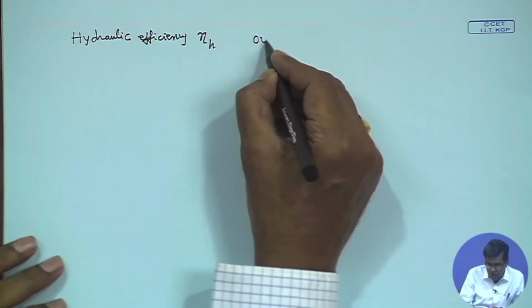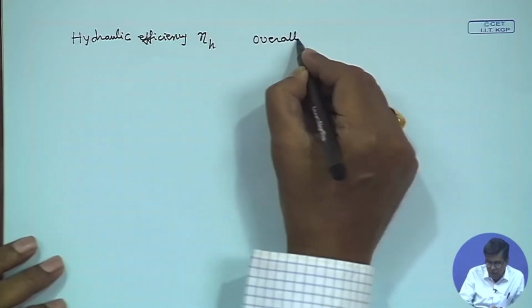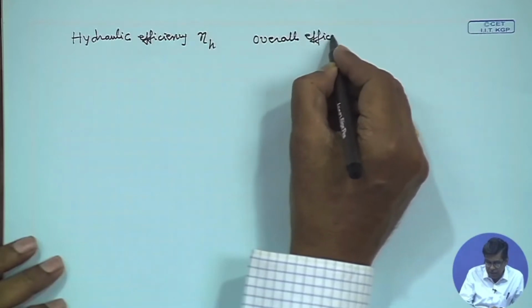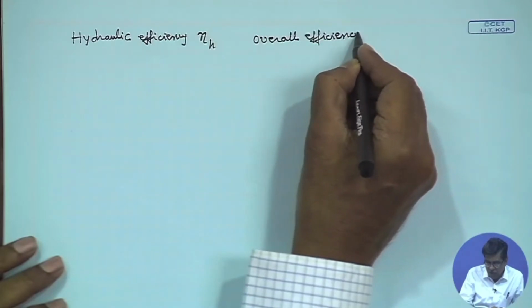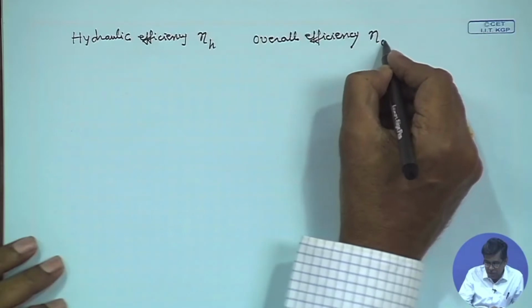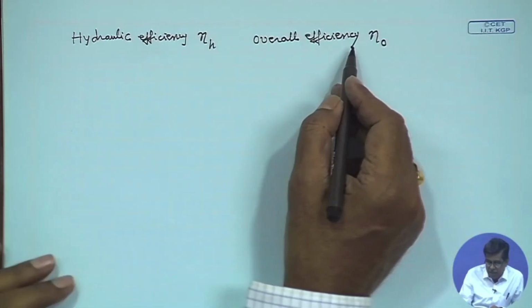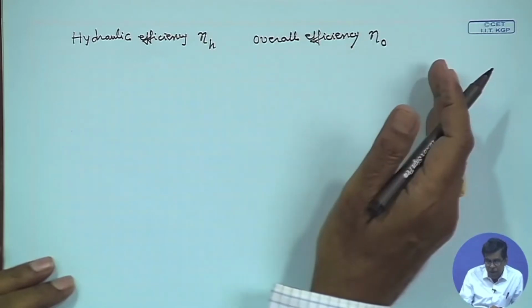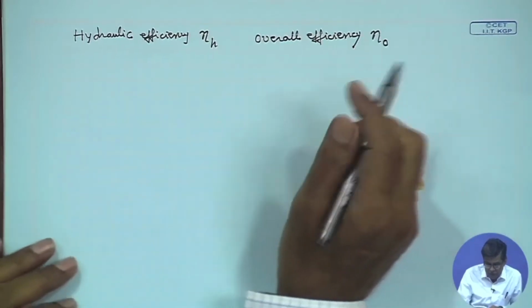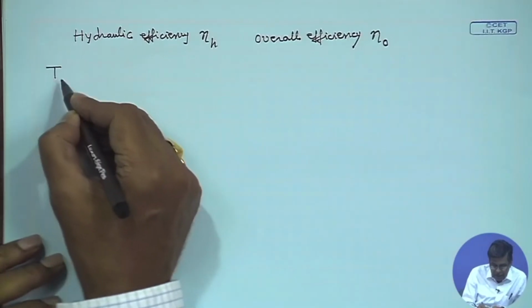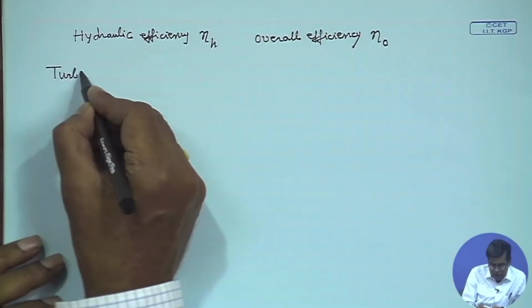Another is overall efficiency, eta O, which is concerned with the energy transfer between the fluid and the output shaft. Now, let us define separately for turbines.